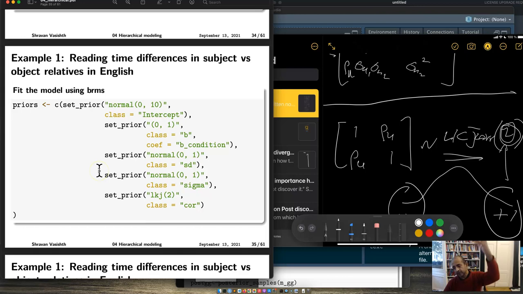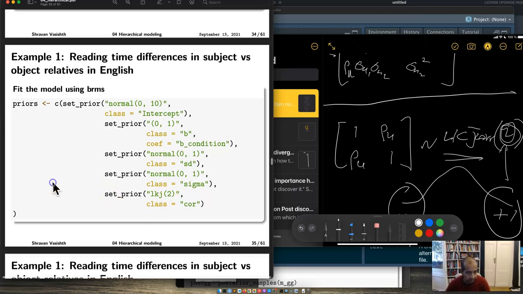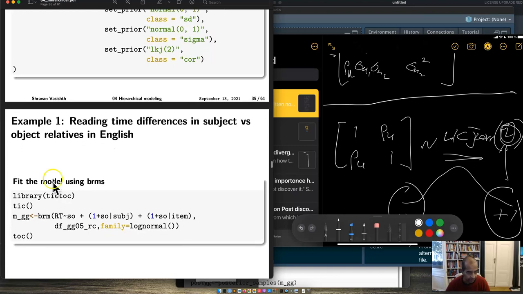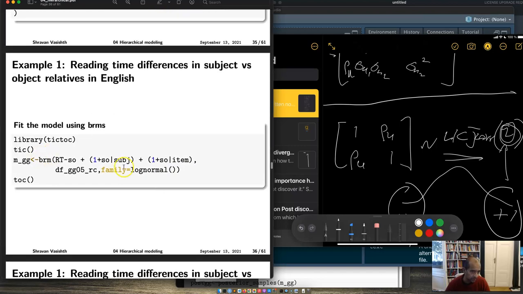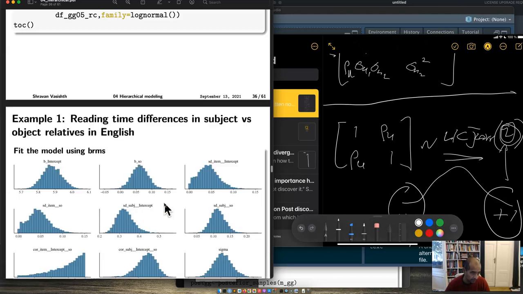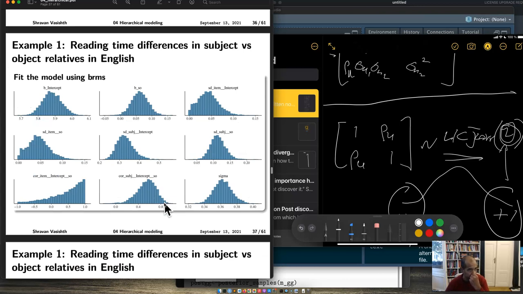So later on in the advanced part of this course, which Bruno teaches, when you start writing Stan code, you're going to have to deal with this problem of defining a truncated prior. And then here's my LKJ(2) prior that regularizes the correlation values for the intercept for the subjects and for the items, right? So the model basically looks very simple: log normal likelihood, intercepts and slopes, and we are done, right? So that's the whole setup now.